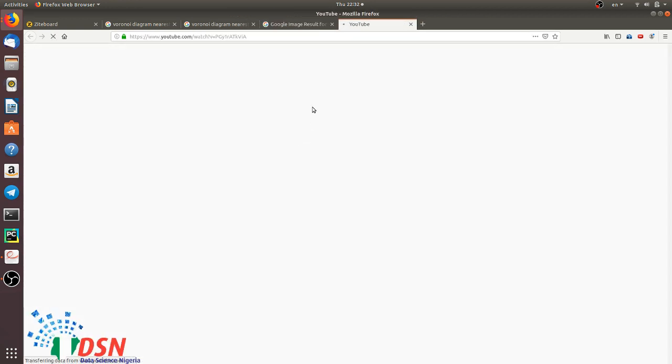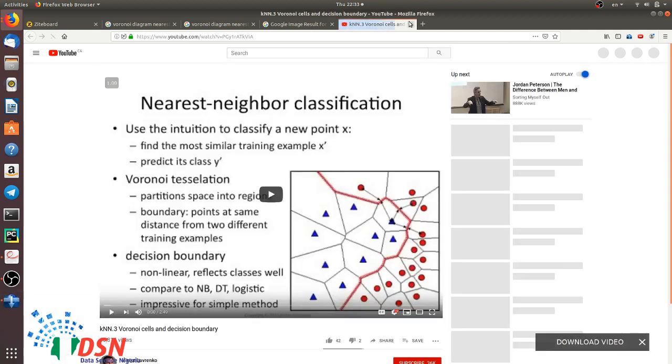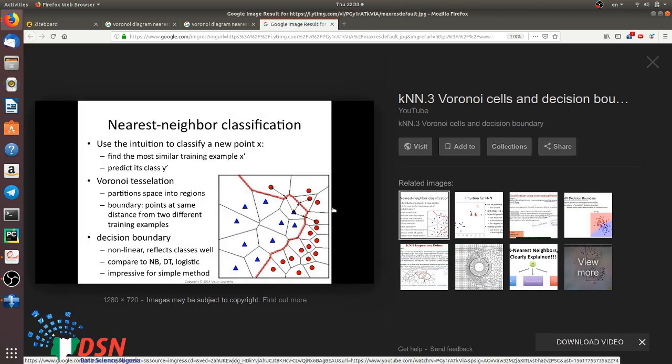For example, in here, you could say that this is the decision boundary actually. So if you have a data point in here, it means that the class of test data belongs to red data, and if you have a data in here, your test data belongs to blue class.